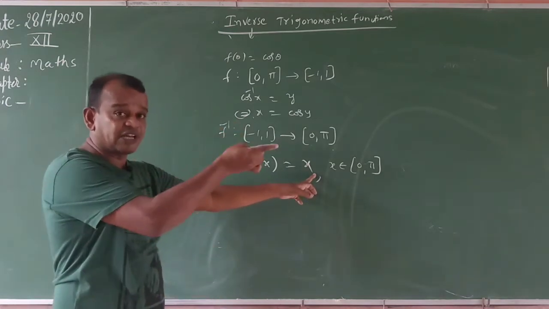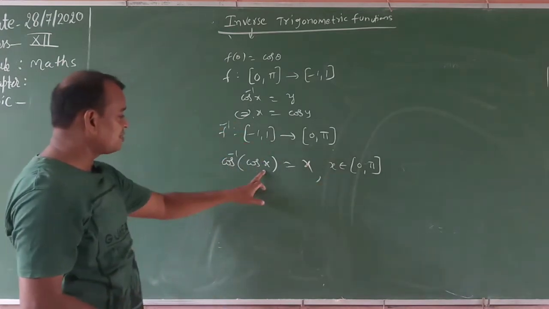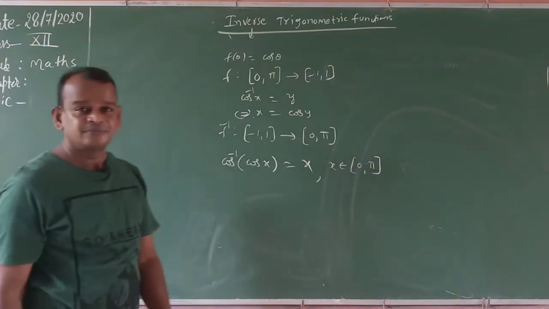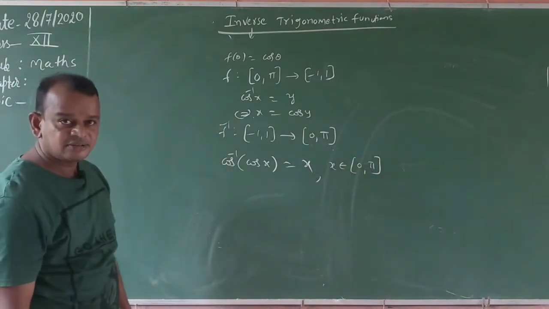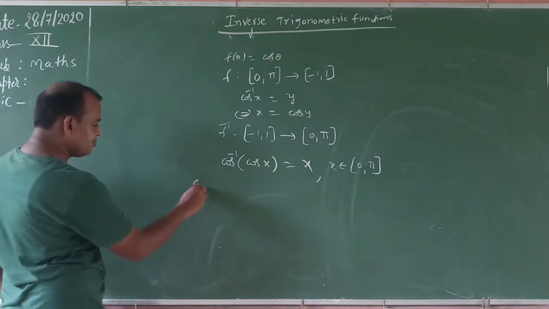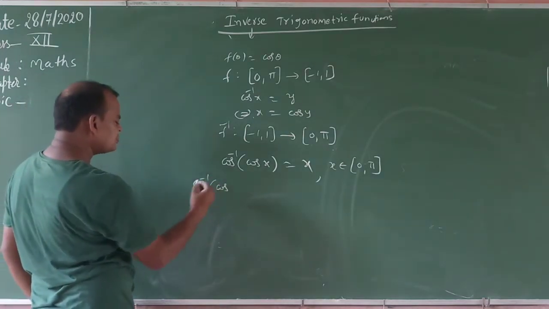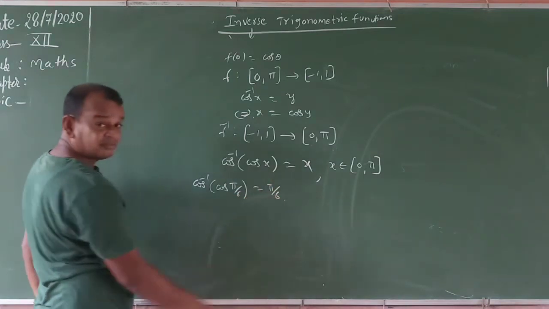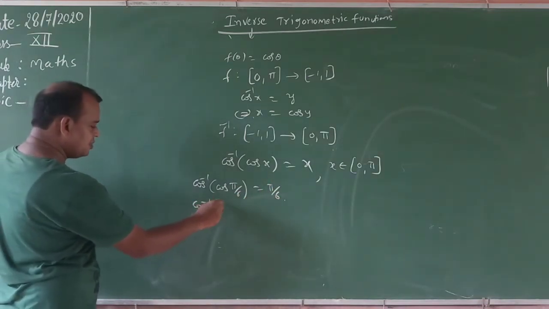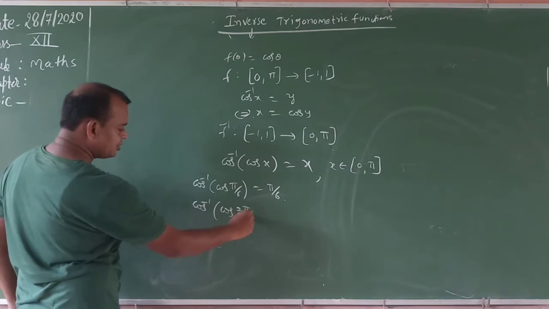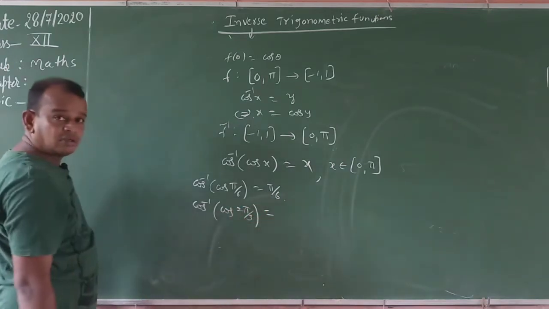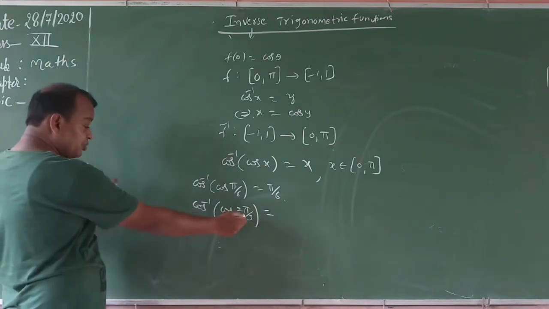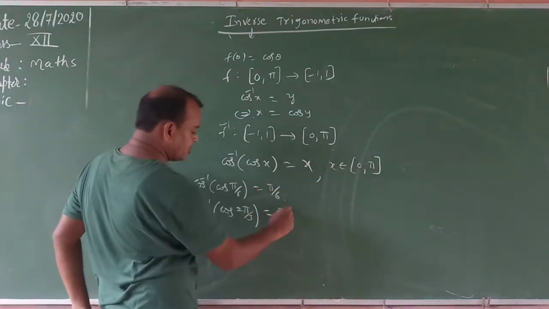But this is cos. Cos inverse of cos x is equal to x when the value of x lies in 0 to pi. Understood or not? Yes. For example, cos inverse of cos pi by 6 is equal to pi by 6, no doubt at all. Cos inverse of cos 2 pi by 3 is equal to 2 pi by 3, which is 120 degrees, and 120 lies in this interval. Okay, 2 pi by 3 is the answer.